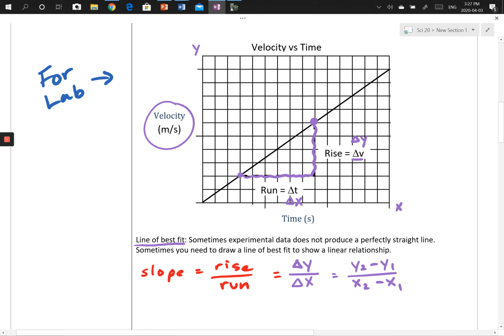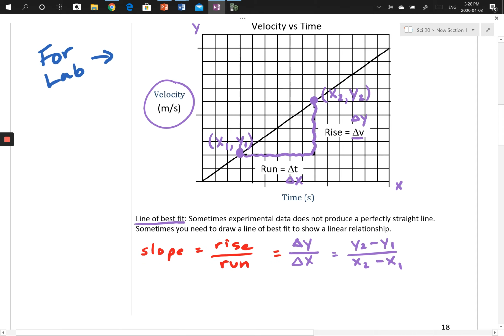What I might do also is look at the ordered pairs for these 2 points. This top point up here would be my x2, my highest x value, and y2, my highest y value. And down here, this would be x1, my lowest x, and y1, my lowest y value. So we can use those to calculate.